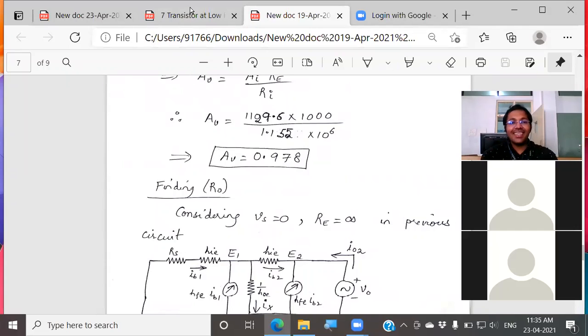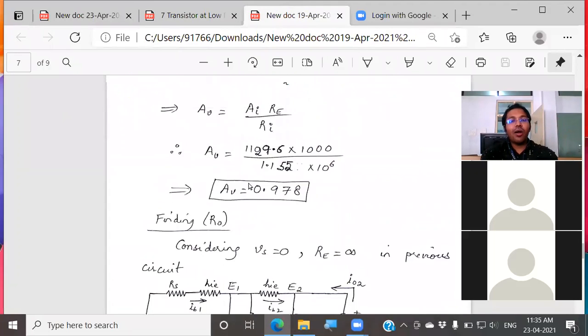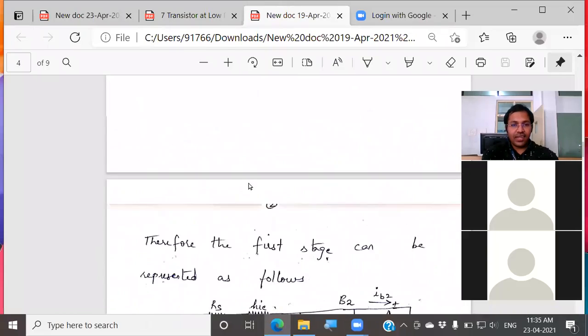The reason is that both transistors here are in common collector configuration. For the AC equivalent, VCC we replace by ground. When we replace VCC by ground, both collectors are grounded. So it appears to be in common collector configuration.